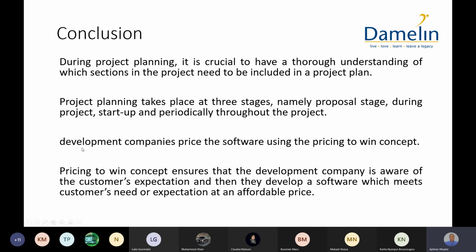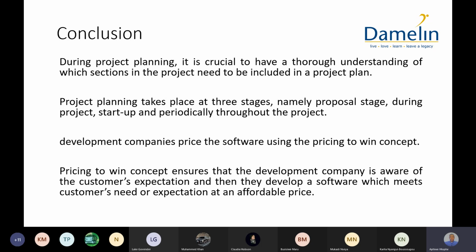Development companies price the software using the pricing to win concept, which we said can be looked at as unethical, but that's just the way people actually do it. The pricing to win concept ensures that the development company is aware of the customer's expectation, and then they develop software which meets the customer's need or expectation at an affordable rate or price.